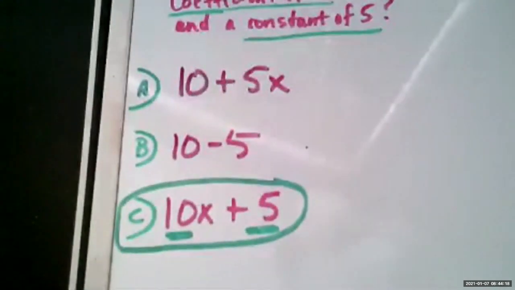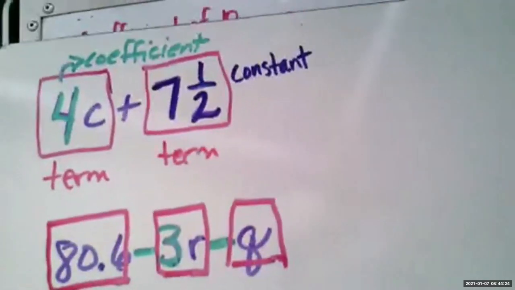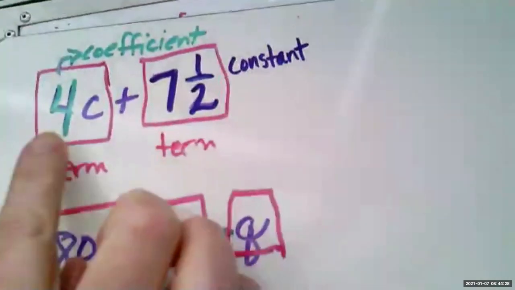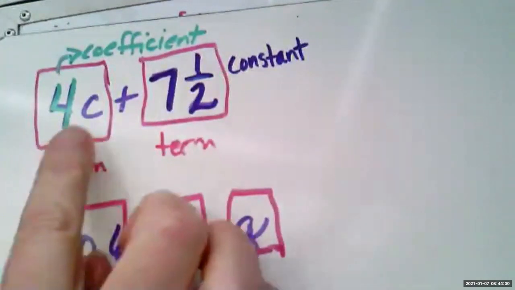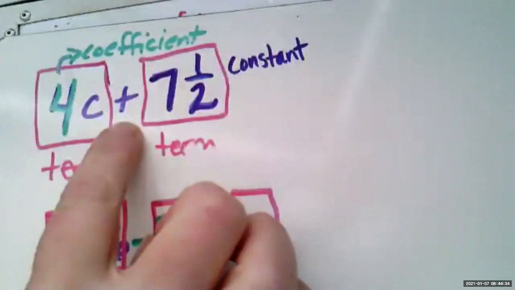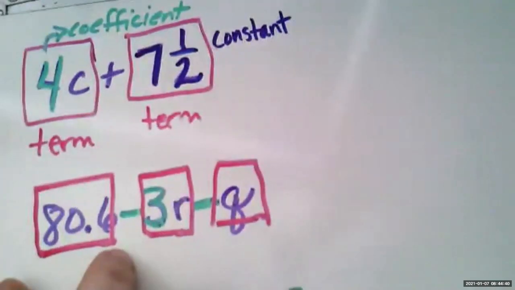All right. Now, somebody asked, hey, can you go over the word term one more time? Yes, I go back over term. A term is a group of letters or numbers that is simply separated from other letters and numbers with an addition or subtraction sign. So every time you see a plus or a minus, that gives you a term.